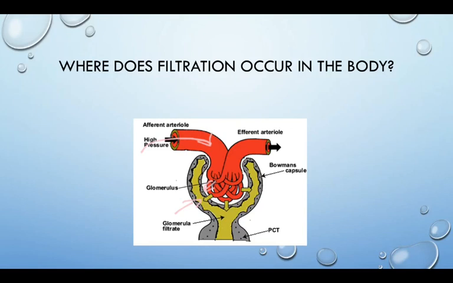Okay, so this is a nephron. This is a functional unit of the kidneys. High pressure here. All the stuff that needs to, and probably more, comes out here and becomes part of the filtrate, which is eventually concentrated down into urine.